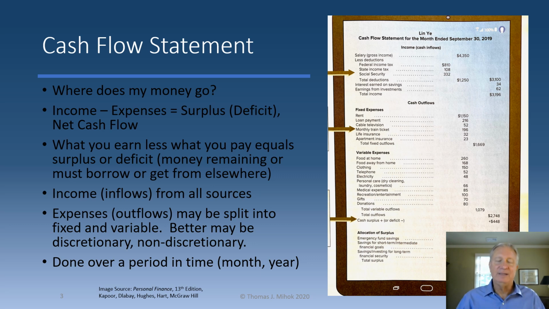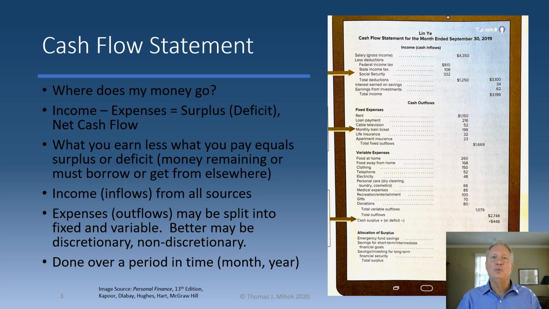Expenses may be split into fixed and variable. When I was just out of graduate school working in New York City in investment banking, I had a young child, was commuting to the suburbs. You might think in investment banking, lots of money. Well, after taxes, no. And in the beginning, certainly. And so, I kept a budget like this on an electronic spreadsheet, and I broke it down not into fixed and variable expenses, but into discretionary and non-discretionary expenses.